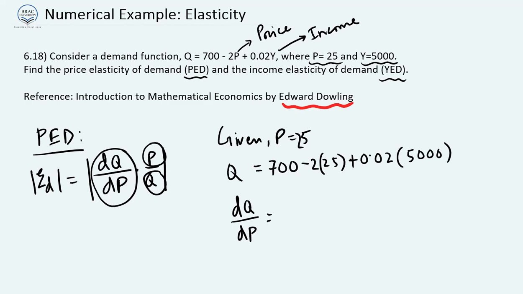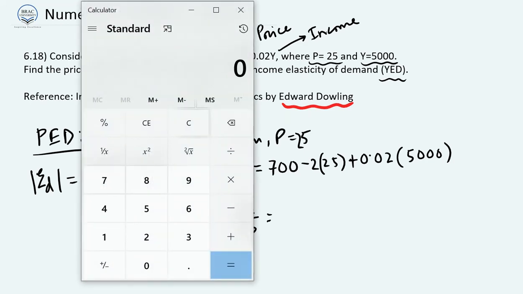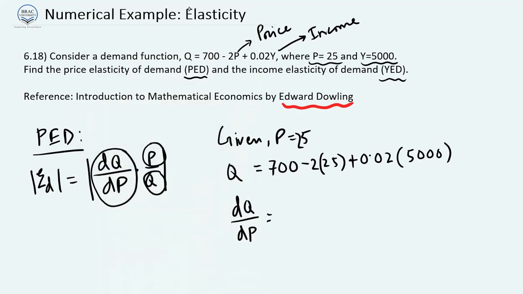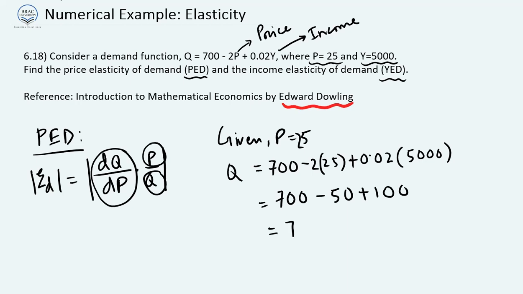If I use the calculator, 5,000 times 0.02 is 100. So for the time being, I'm erasing this one. I need more space. So 700 minus 50 plus 100. So 800 minus 50 should be 550.